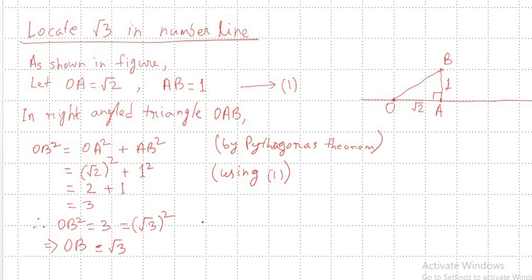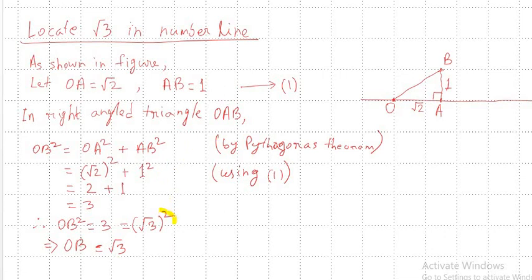On both the left and right sides we have square terms. So, to make it easy to understand, both the squares get cancelled and we can simply write OB equals root 3.